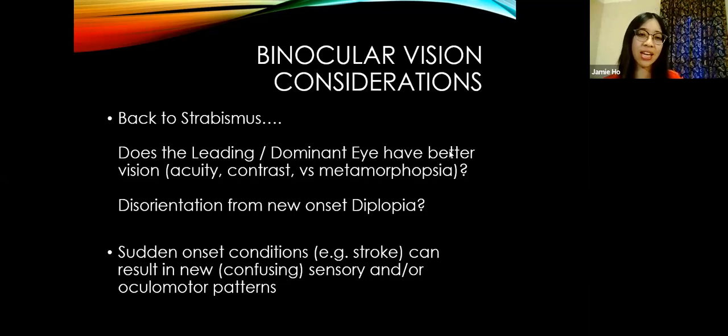The other thing I look at is whether the condition had a sudden onset. We also want to look at comorbidities. For example, a stroke can result in very confusing different sensory and also oculomotor patterns.